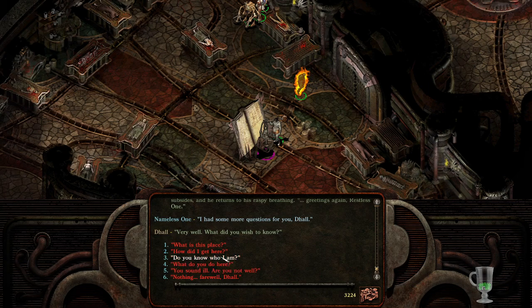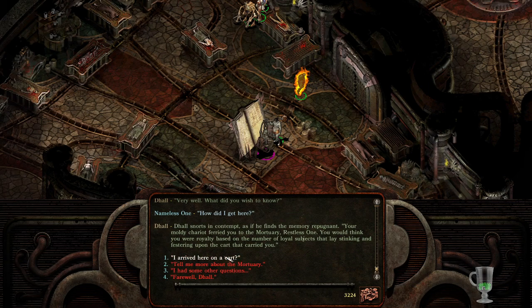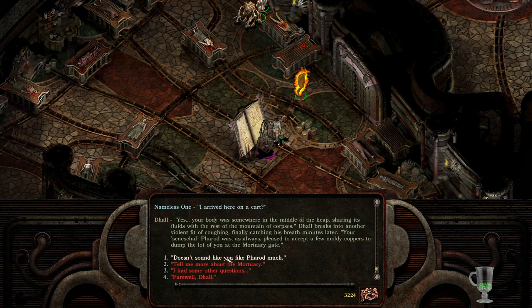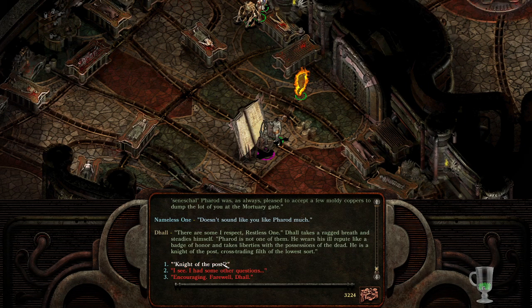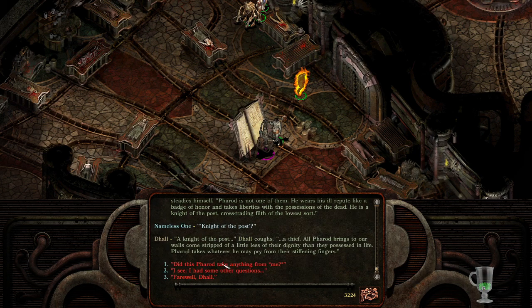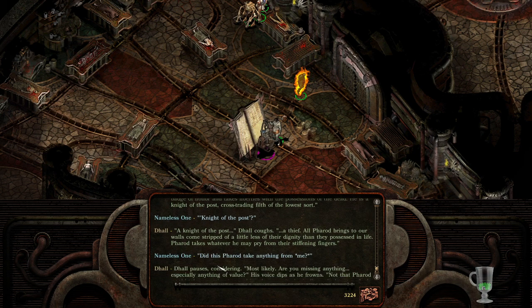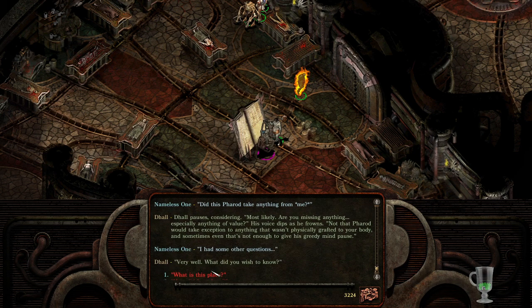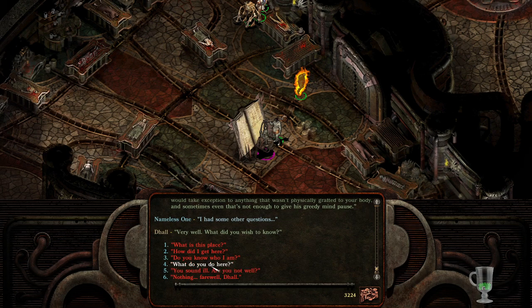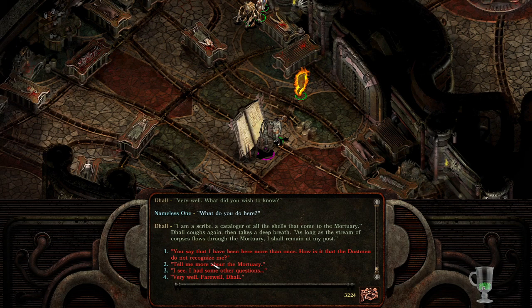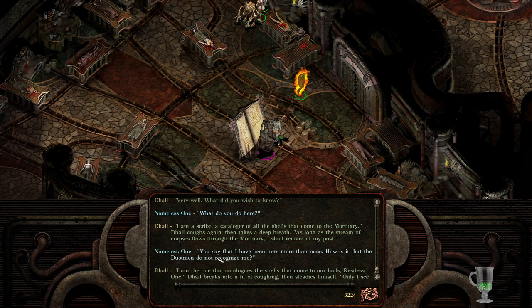How did I get here? On a cart? Sounds much like Farron of the Post. I see. Had some other questions. What do you do here? How is that Dustman do not recognize me?